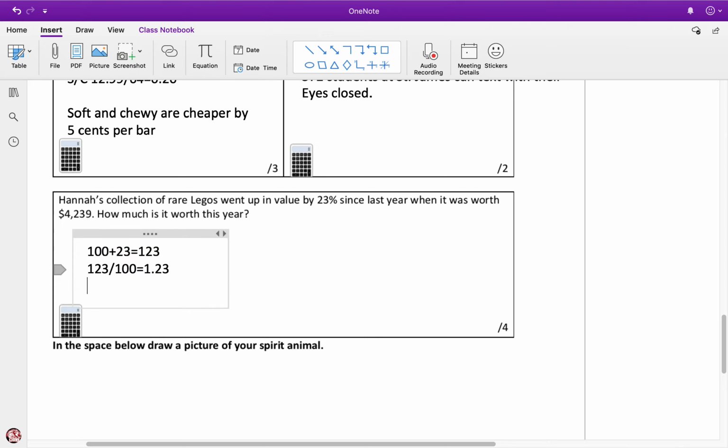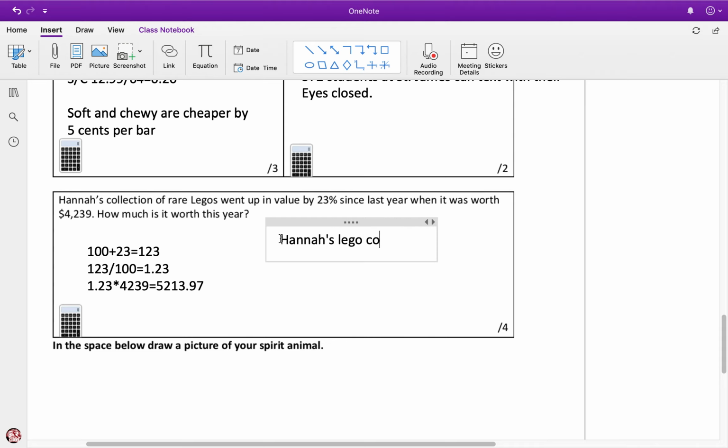Then all I have to do is do 1.23 times 4239. And there's our new answer. So Hannah's Lego collection is now worth $5,213.97.